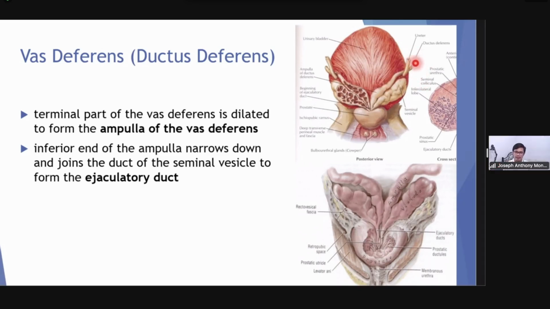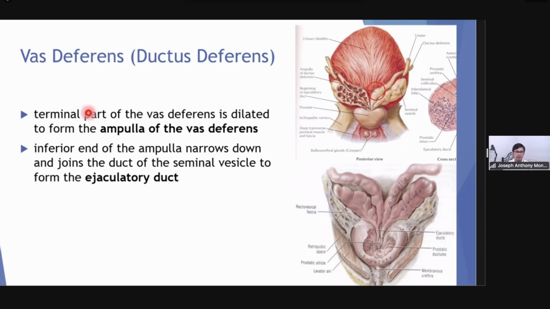As your ductus or vas deferens crosses towards its terminal portion, it dilates to become the ampulla of your vas deferens. Later on, it will be joined by your seminal vesicle to become your ejaculatory duct. They will have a union. The ejaculatory duct now pierces the posterior aspect of the prostate, as you can see here.